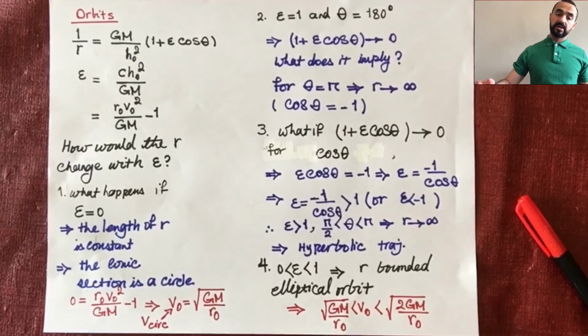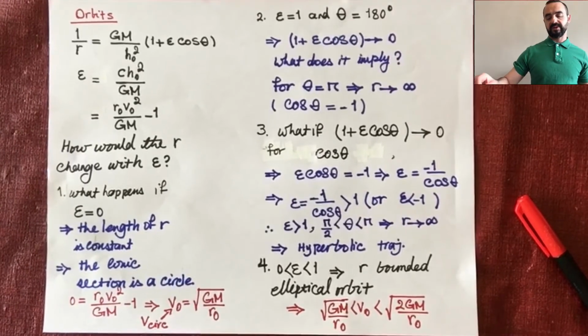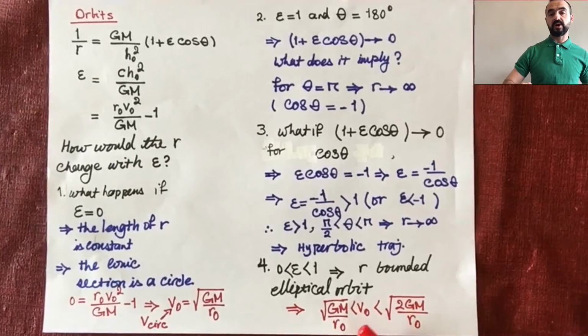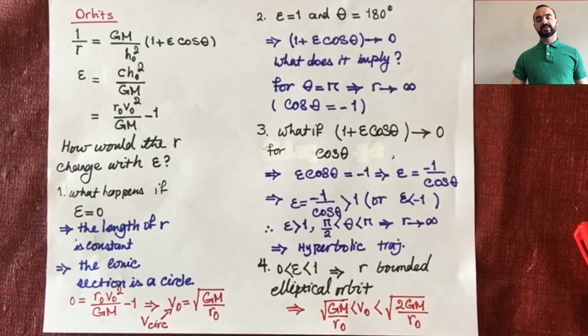If you think about it in terms of velocity, for an elliptical orbit, v0 should be larger than the circular velocity, but smaller than the velocity which is called the escape velocity. You can show that the escape velocity is the minimum velocity required to have an open trajectory rather than a closed orbit.